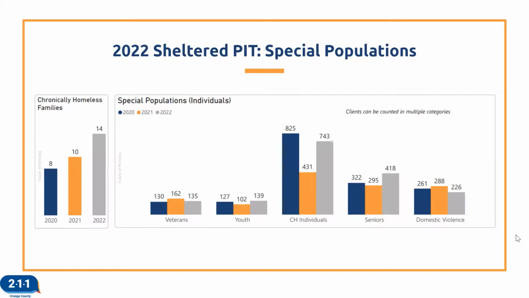I think I see one in the chat, yeah. Do we know what the total number of homeless unsheltered we have in Orange County? We do, let me pull that up really quick. While I'm looking that up, if there's any other questions, you can go ahead and unmute yourself or put it in the chat.